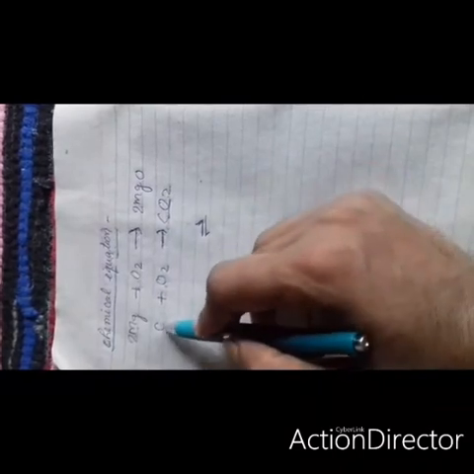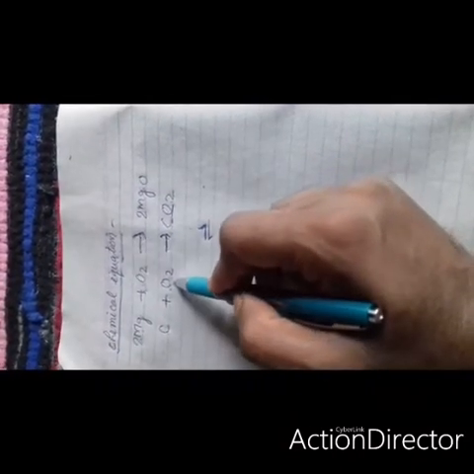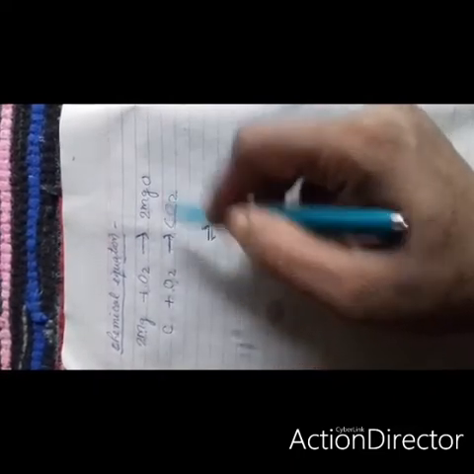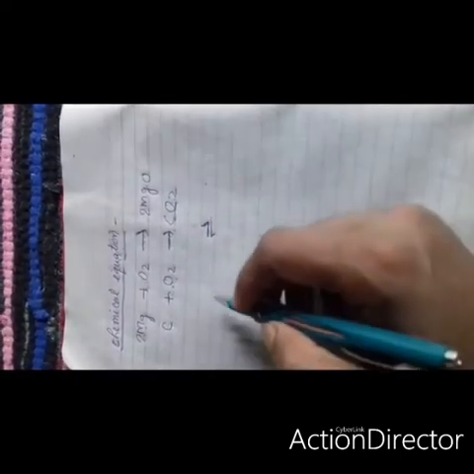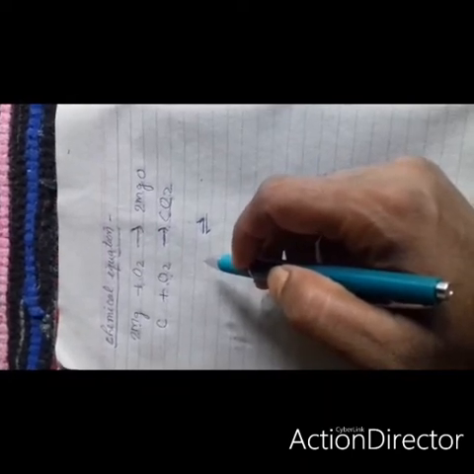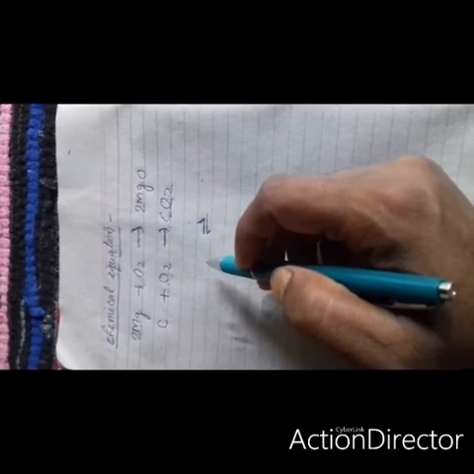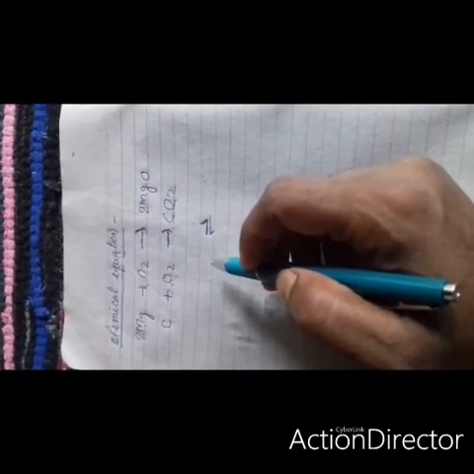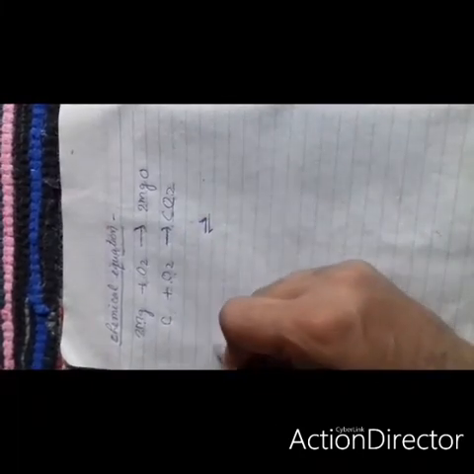Left side 1 carbon, right side also 1; left side 2 atoms of oxygen and right side also 2. But when the number of atoms of reactants and products are not equal, then this equation is known as the skeletal equation.